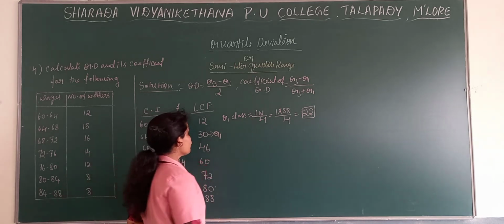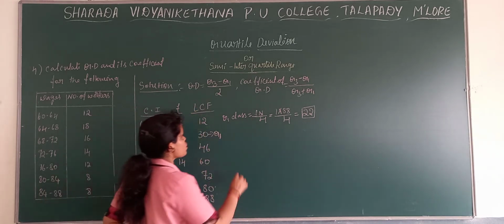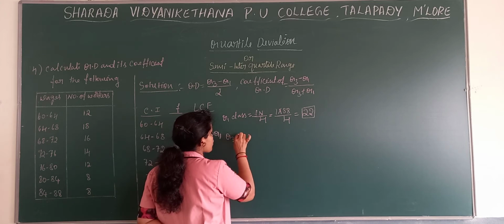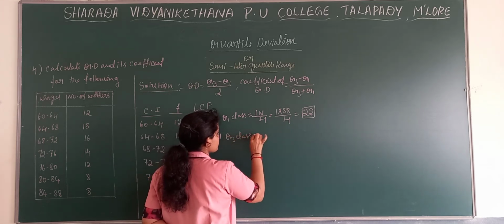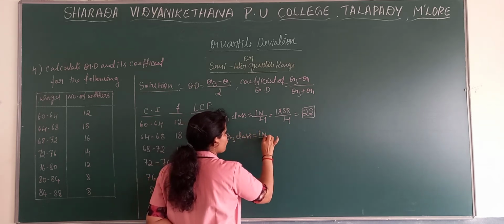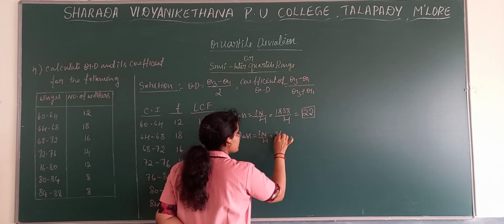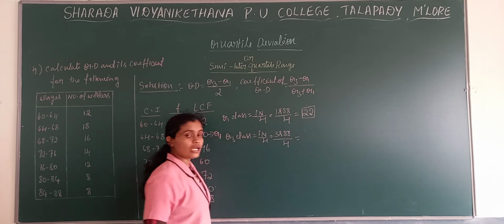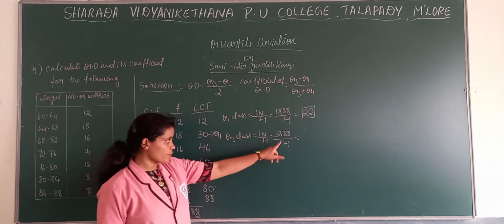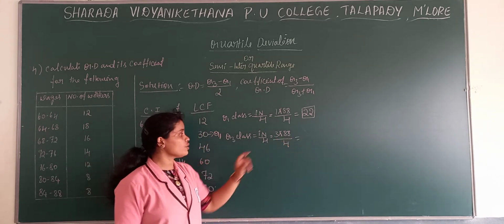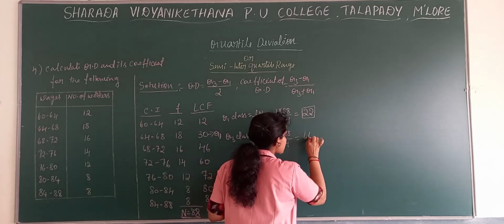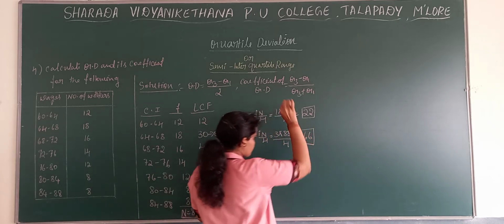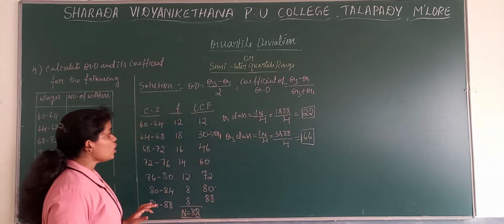Next, we need to find the Q3 class. For the Q3 class, the formula is i into n by 4, that is 3 into 88 by 4. When you calculate it, you get 66.